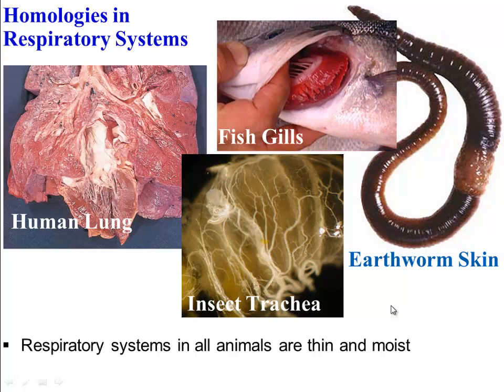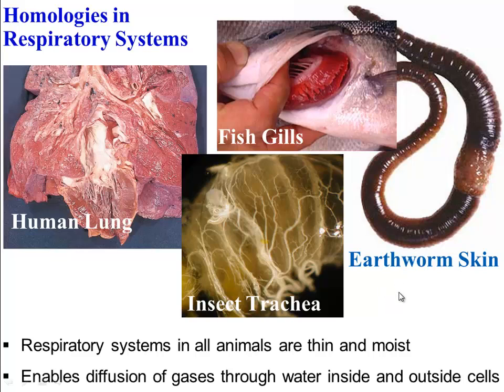And what they have in common is that they're all very thin and very moist. And that allows carbon dioxide and oxygen to diffuse easily in and out of cells, which, as we know, are full of water and are surrounded by water. And that concludes our tour of the respiratory system, which is responsible for the first step of gas exchange.